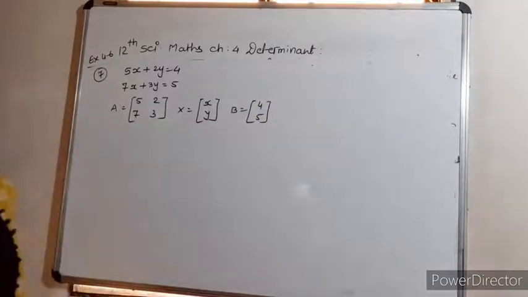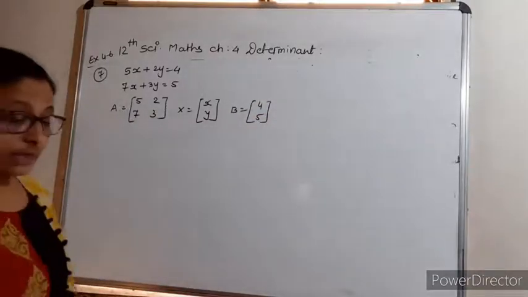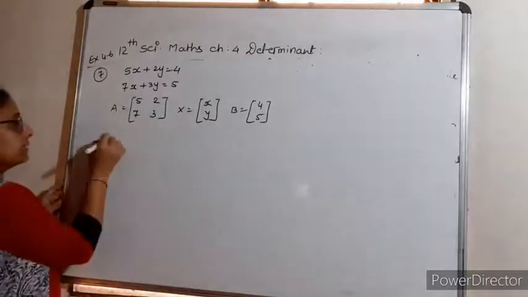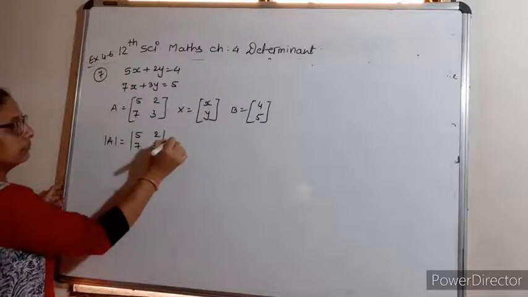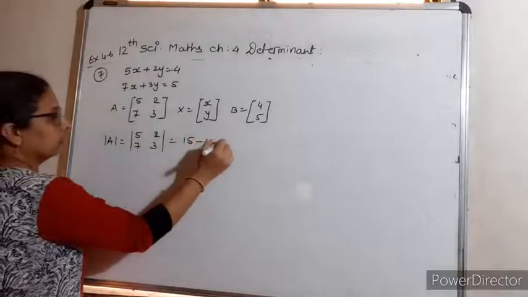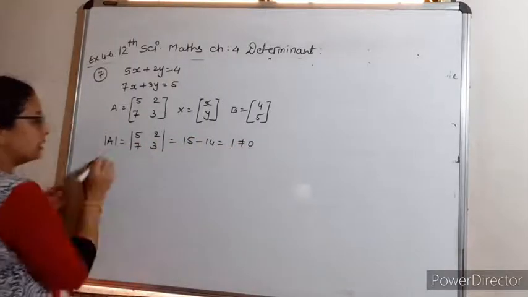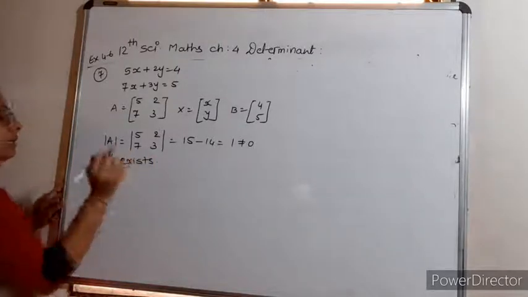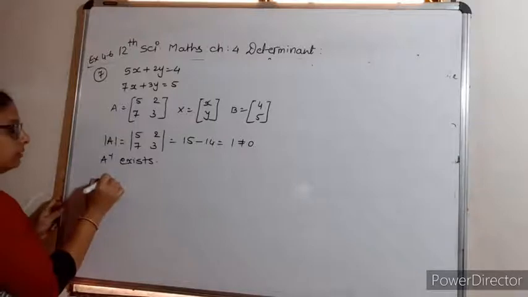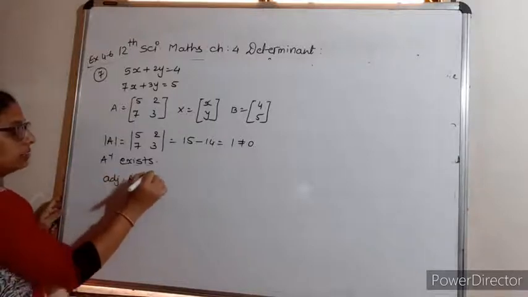These are given. Okay. Now we have to solve this equation. So first of all, we'll find this determinant of A, which is not 0. A inverse exists. We'll find the adjoint of A.